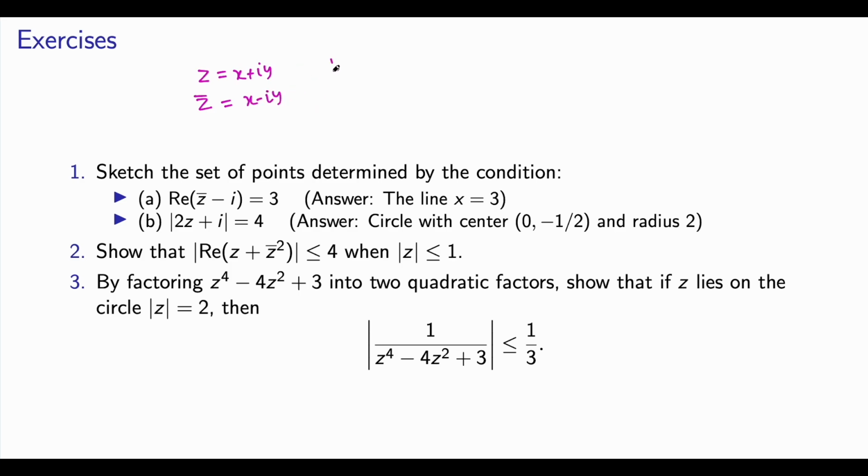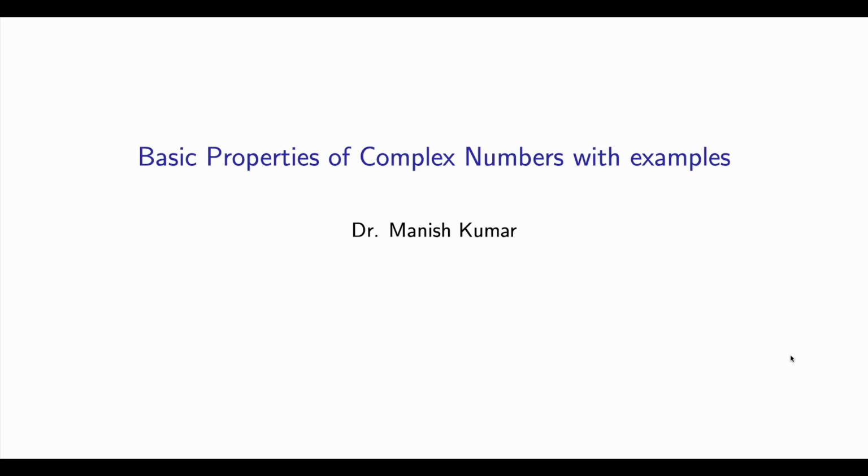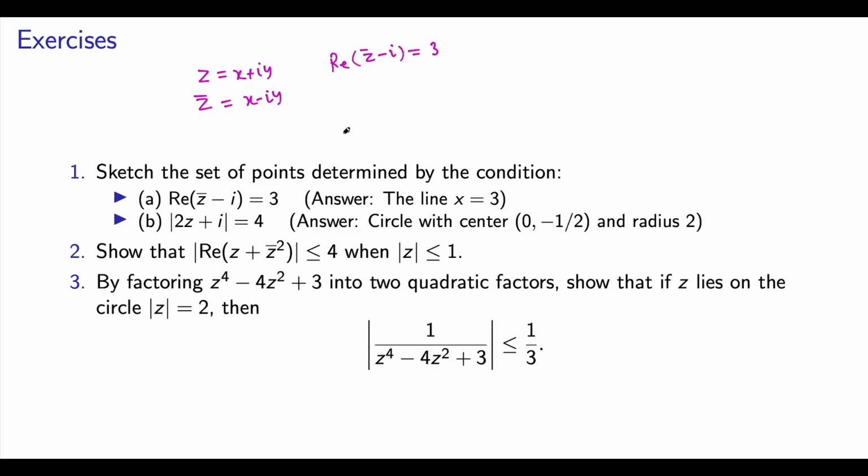So the real part of Z bar minus iota is equal to 3, which means the real part of X minus IY minus I equals 3. Again, taking Y plus 1 times I common, this is of the form X plus IY type, so the real part is going to be X only. So X equals 3.